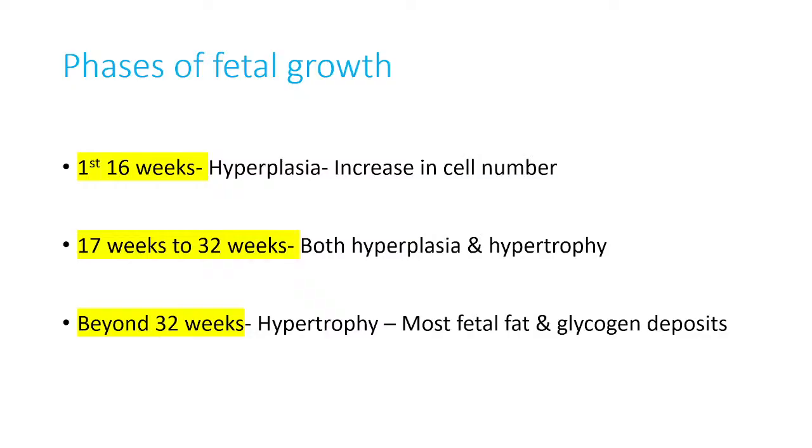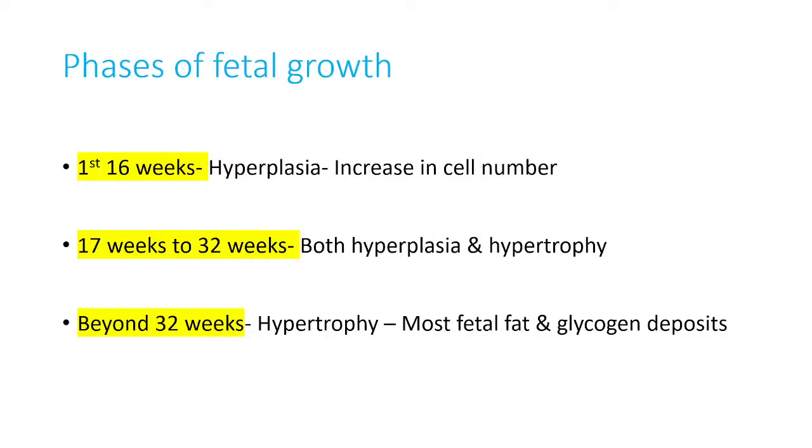So, if a cell is increasing in size, that is hypertrophy, and if it is increasing in number, it is hyperplasia. What happens in the first 16 weeks of pregnancy? The number of cells increases, so hyperplasia is there.